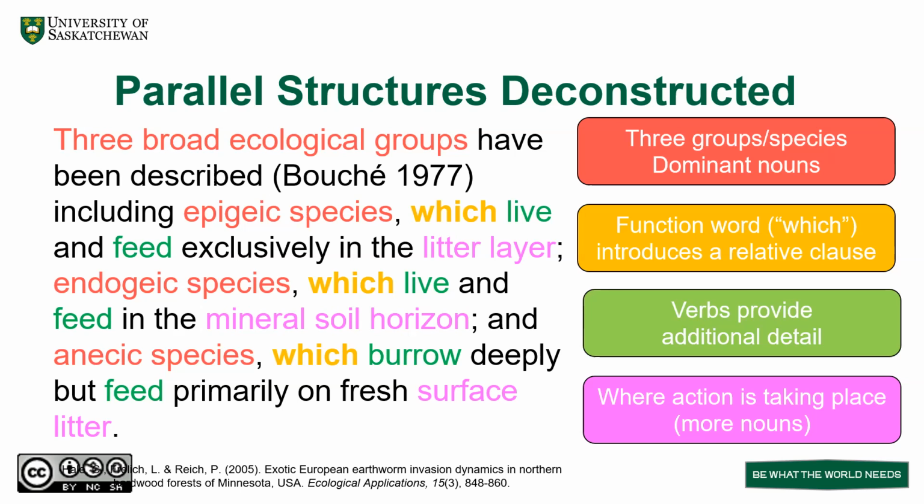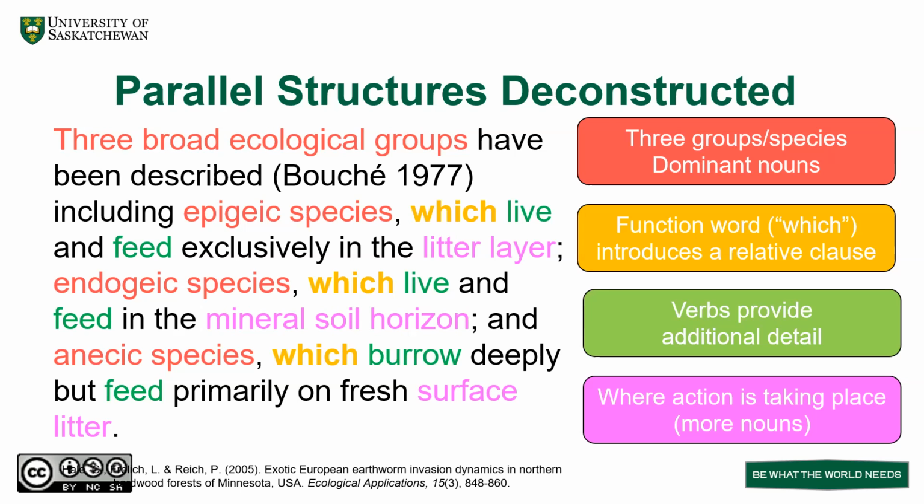And that expectation is fulfilled because then we have reference to species 1, species 2, species 3. And they're not labeled with numbers, but we have those species following in short order. So it's easy to keep in mind, okay, we have the expected number of groups that were identified at the very start of the sentence.